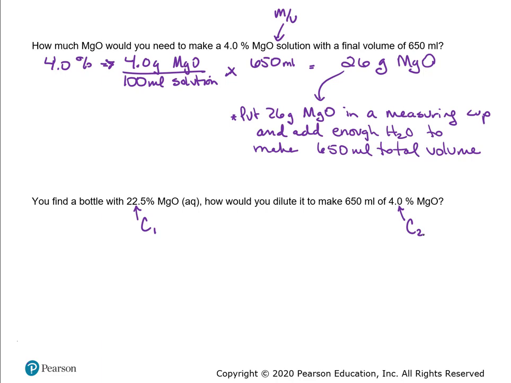What is 650 mils? Is that my starting volume or my final volume? It's going to be the final volume, so that's V2. So if I know C1 times V1 equals C2 times V2, what's my unknown? So V1 is the one I don't know.